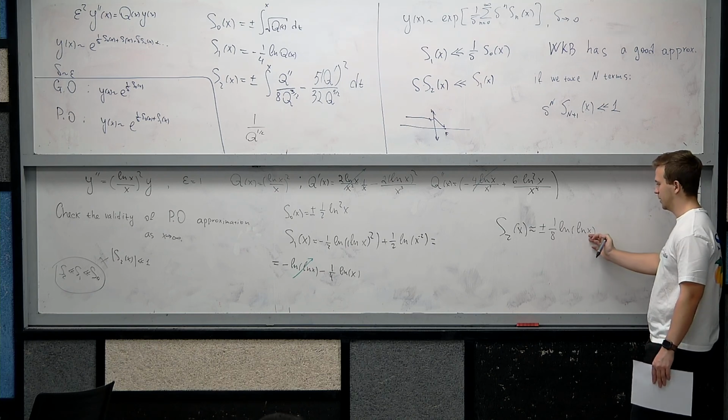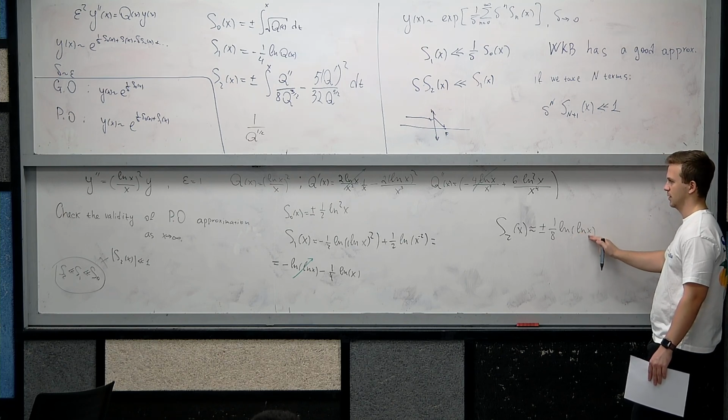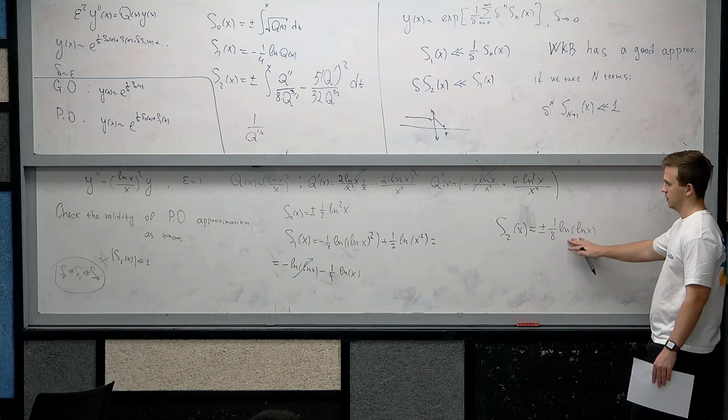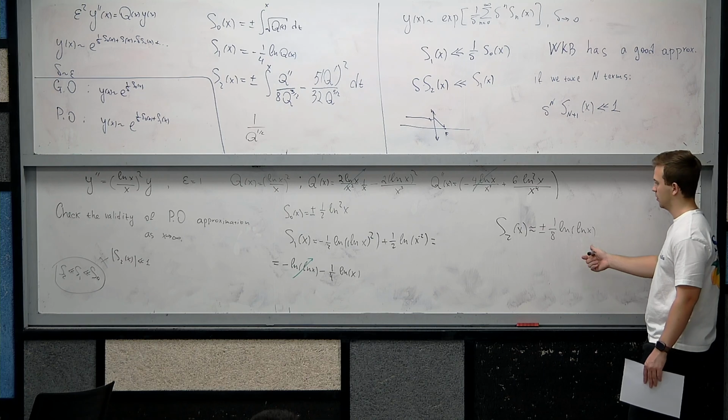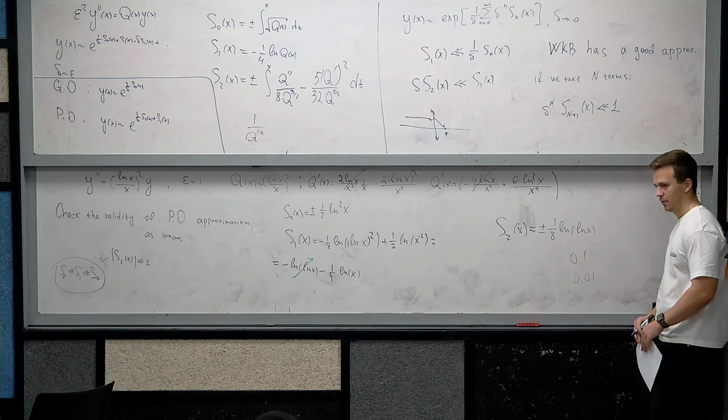I mean, you can play with numbers, okay, and probably there is some region for x where you can say that this is much smaller than 1. And by much smaller than 1, maybe it's like this or this. Okay.